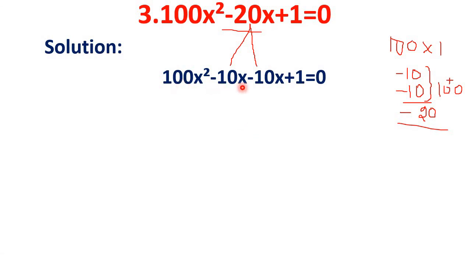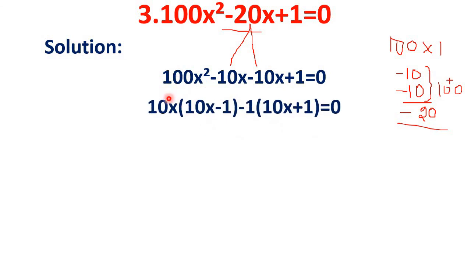Now here 100x square minus 10x minus 10x plus 1. Now we can take 10x as common, then 10 tens are 100. Already 1x is outside, then only 1x is remaining. Minus 10 into x is 10x. Minus here 10x, the common factor for 10 and 1 is 1. Then while taking common, this minus, this plus becomes minus.